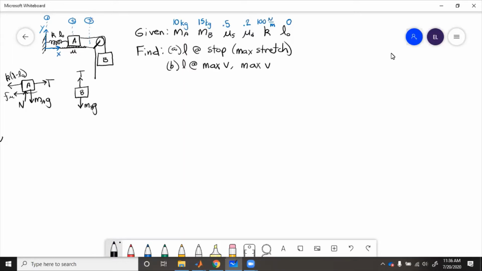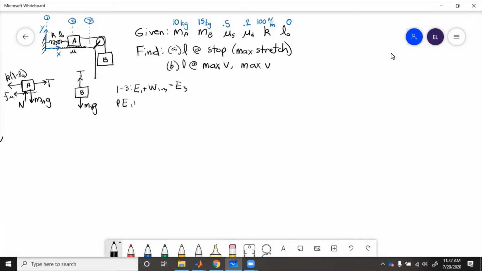So for the first part, find the length of the spring at the max stretch. We can use work and energy from states 1 to state 3. So 1 to 3, we know that energy at 1 plus work from 1 to 3 equals energy at 3.